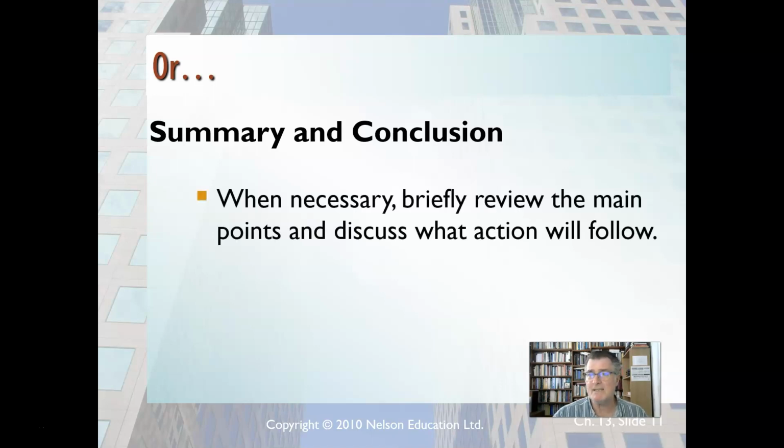They both sound like the same thing, but a summary simply is kind of closing down the discussion. Conclusions can open up, right? They can look towards the future. If we continue to do this, we might be able to get a handle on this problem. So conclusion is open-ended. Summary, somewhat close-ended, we'll say. You can review the main points and discuss what actions will follow.